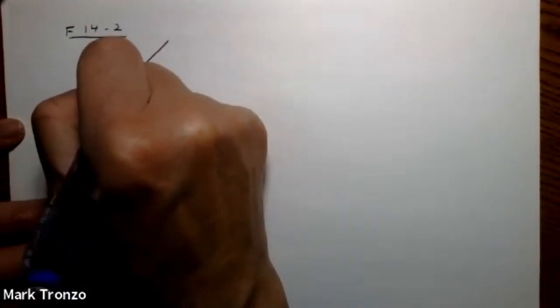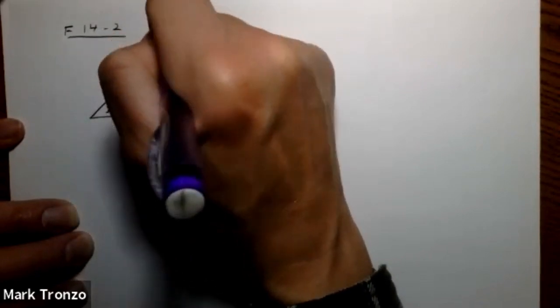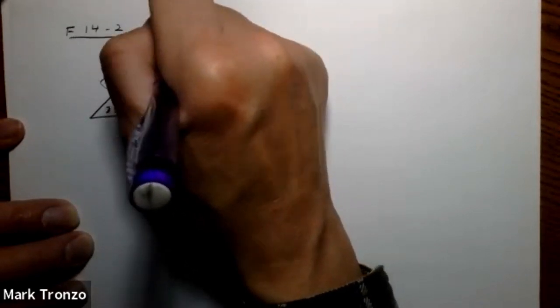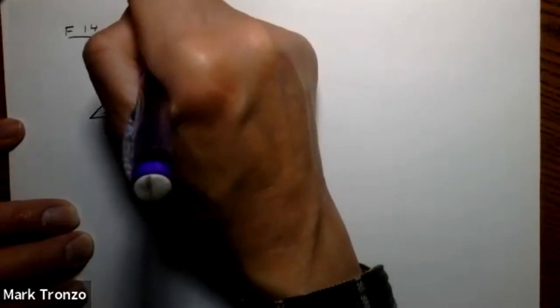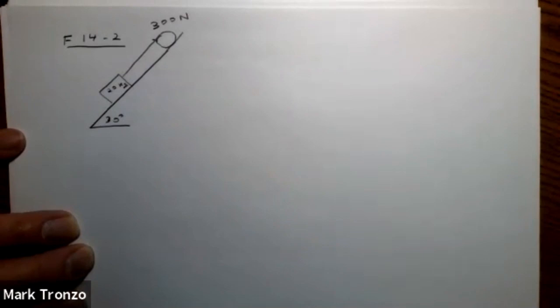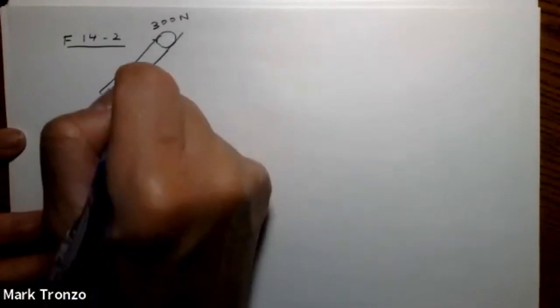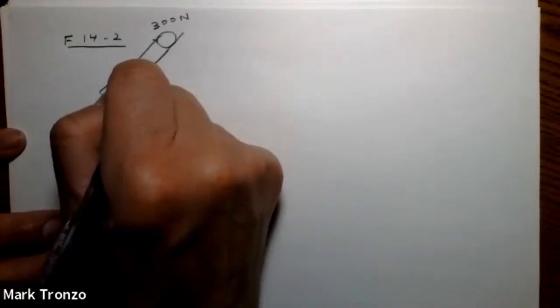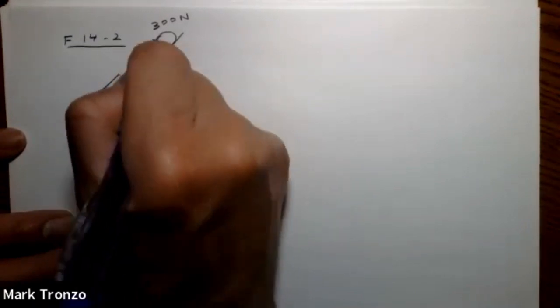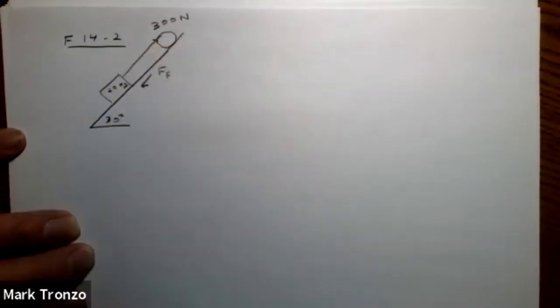20 kilogram box being pulled up here. And this is 300 newtons pulling it up. And of course, there's going to be friction working against the motion. Remember, friction is always against the motion.